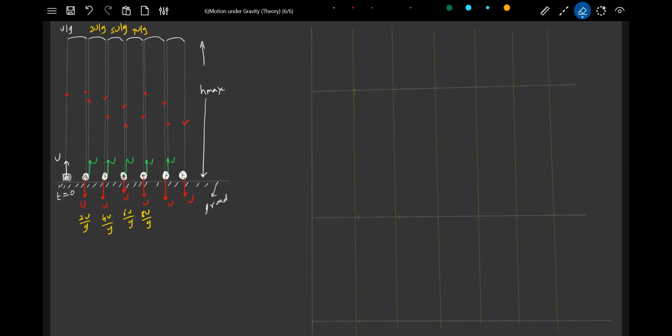No, first the velocity versus time graph.